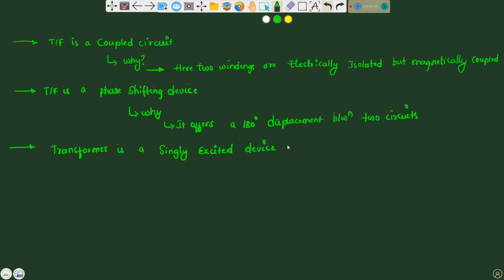Why is it a singly excited device? It requires only one external voltage source. Remember this. Why? To energize the windings.